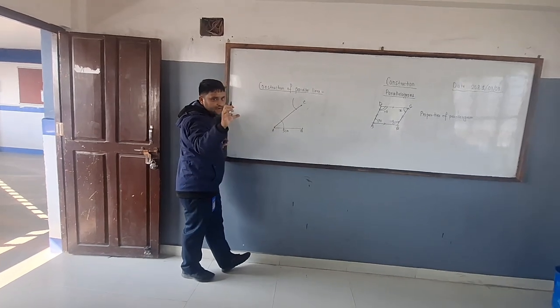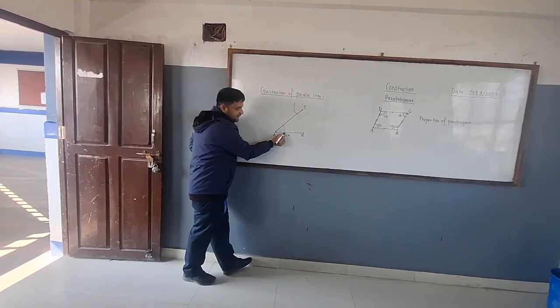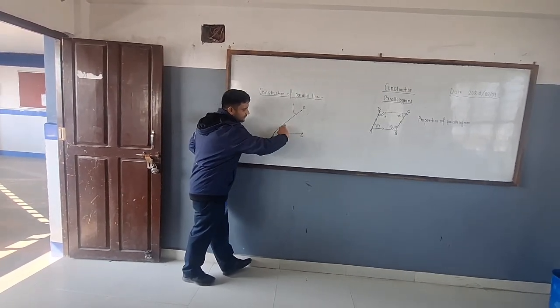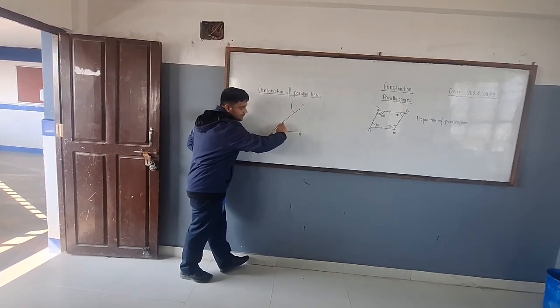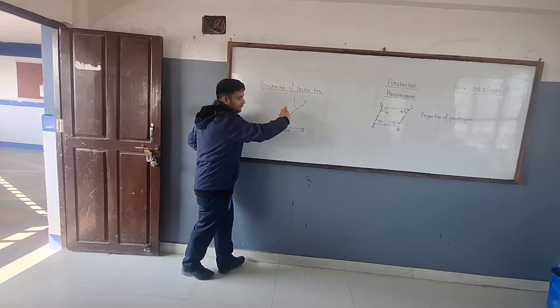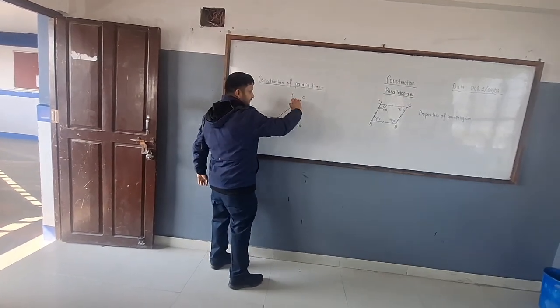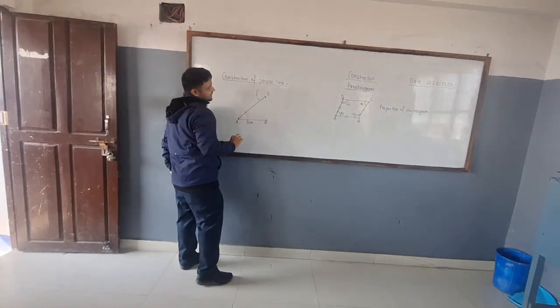You can do a little adjustment in your compass. Keep your compass here and pencil here, this way. Did you do so? Now keep your compass here at this point and draw the arc with the same radius.